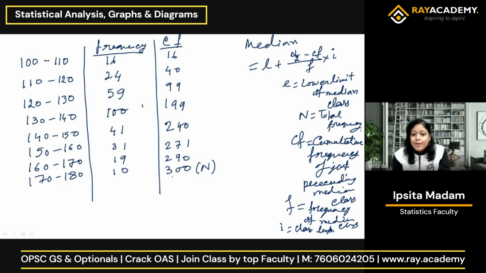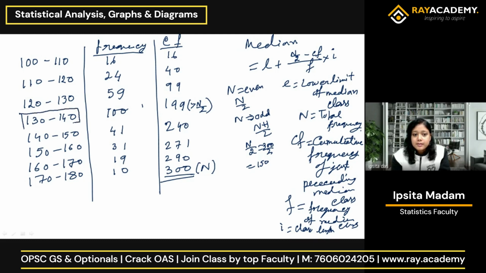Very good, because this is our total frequency n. If n is even, you take n by 2. When n is odd, you take n plus 1 by 2. So n by 2 here is 300 by 2, that is 150. And the cumulative frequency just greater than n by 2 is 199. So the corresponding class will be the median class.